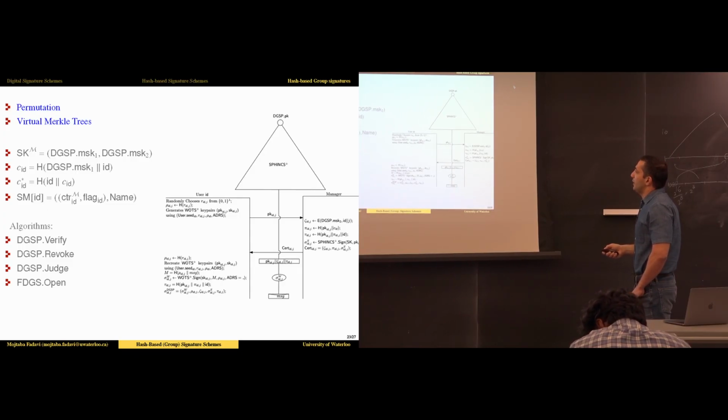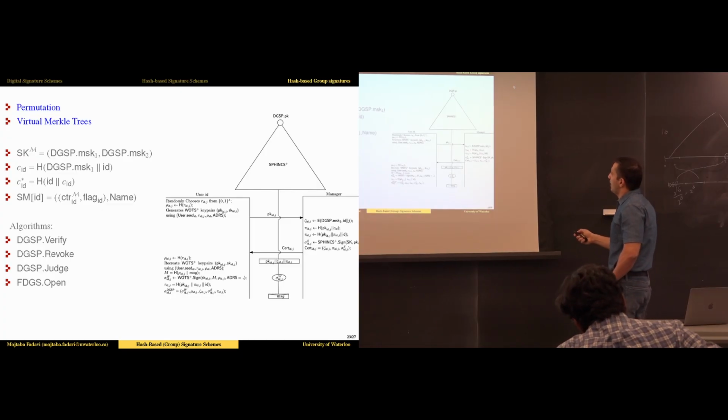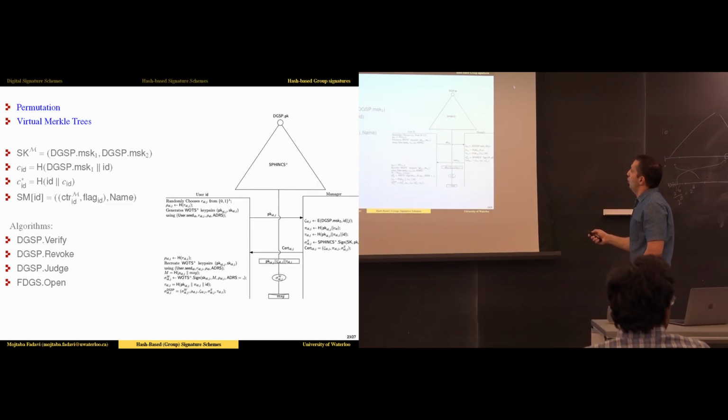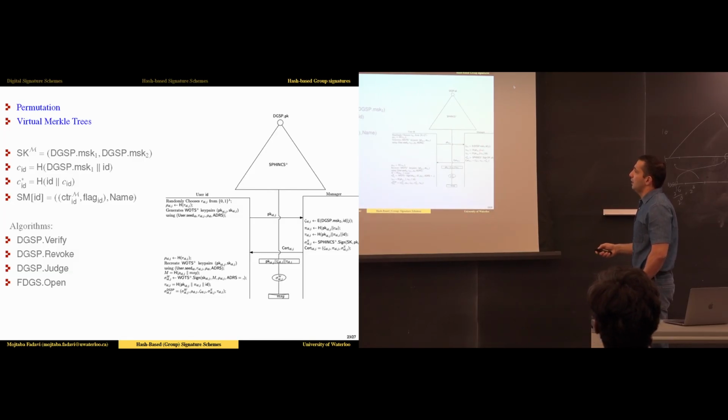To open a signature, the group manager easily decrypts this value and finds ID. So again, opening is efficient. We have an extra algorithm compared to DGMT, that is judge.